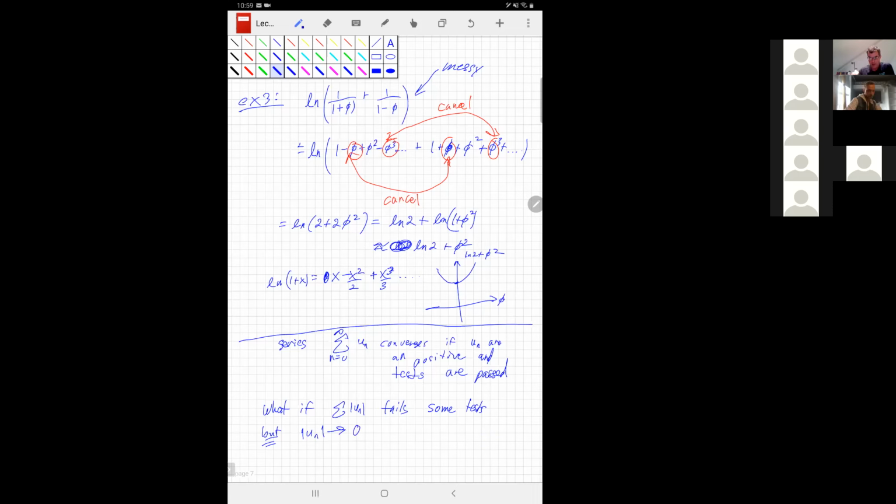It goes slowly to 0, but it goes to 0. And u sub n alternates sign. All right, so one term is positive, the next term is negative. The next term is positive, then the term after that is negative.